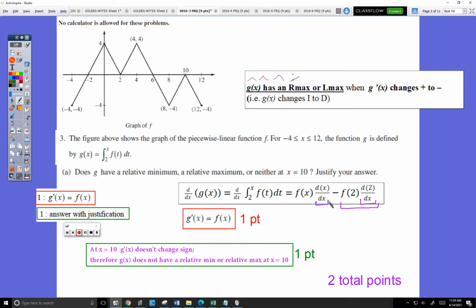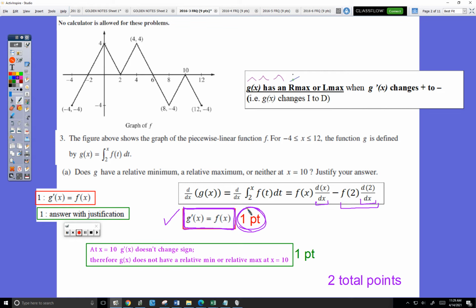Dx is 1, so I figured out that G prime is the same thing as f. Very common on AP test problems, but always use the rule so you don't get tricked. 1 point if you have G prime equal f written on your paper. I've mentioned that before, that this is used in a lot of problems, so make sure you write it down to get that point if they're going to give it to you. Sometimes they give the point, sometimes they don't.